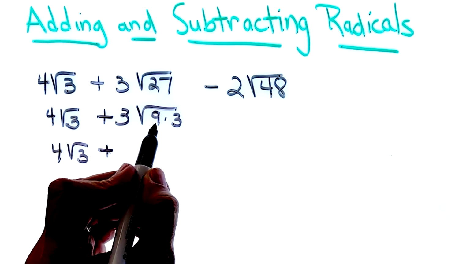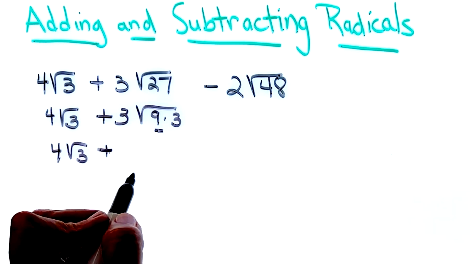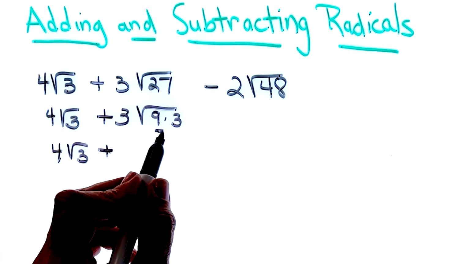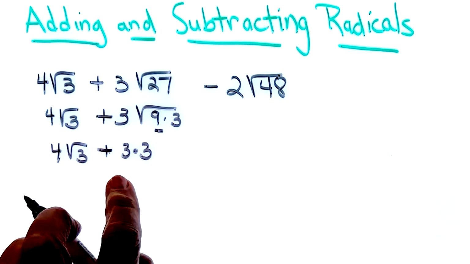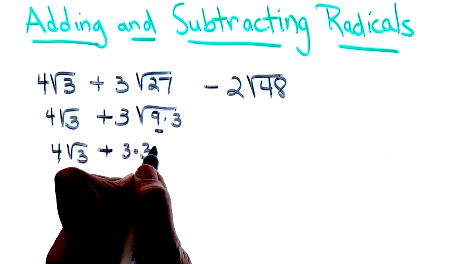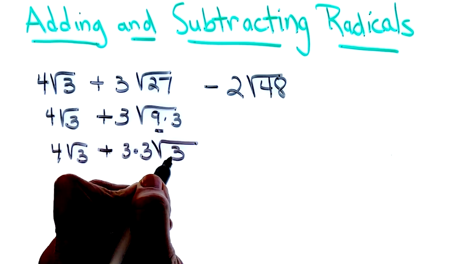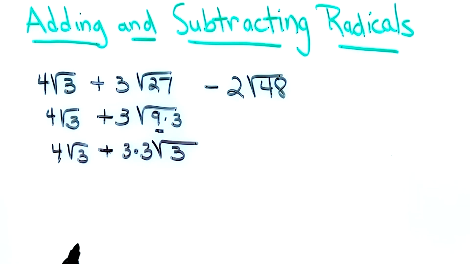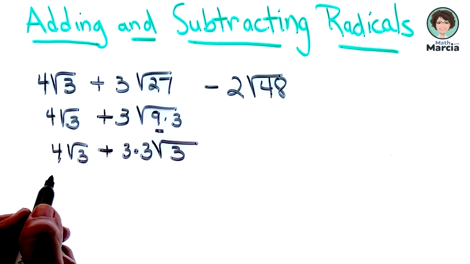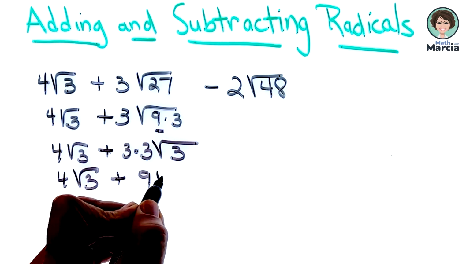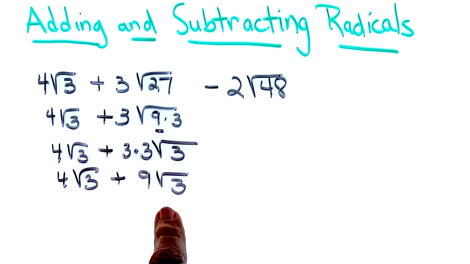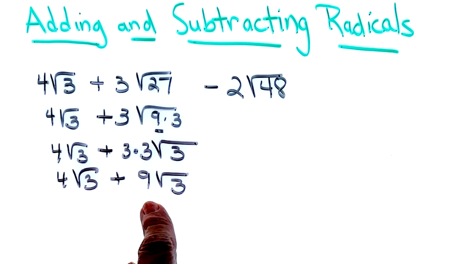Plus, now the 9 is a perfect square, so the square root of 9 is 3. 3 times the 3 that is on the outside, our coefficient, with the square root of 3 left over. So we do know that, again, 4 times the square root of 3 plus 9 square roots of 3. Finally, this is in simplest terms.